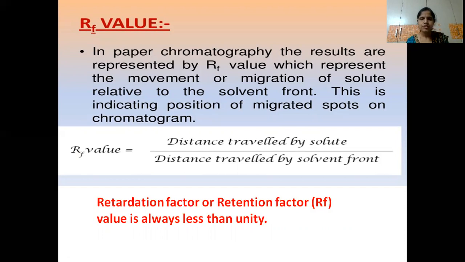Okay. So after doing the experiment, we have to calculate the RF value of each and every component. How we can calculate it is by using this formula. RF is equal to the distance traveled by the solute divided by the distance traveled by the solvent front. Now what is the solvent front?